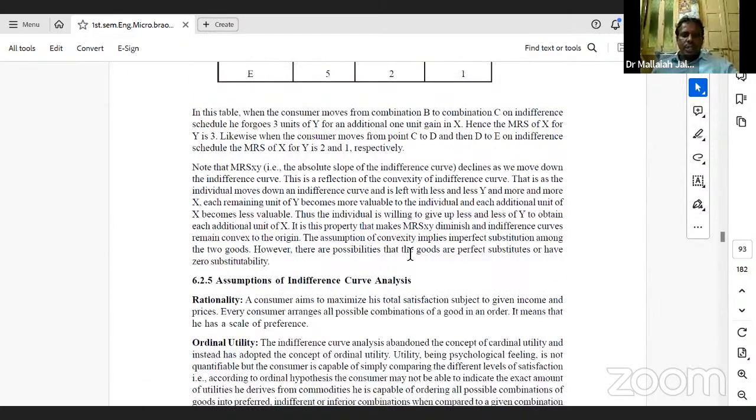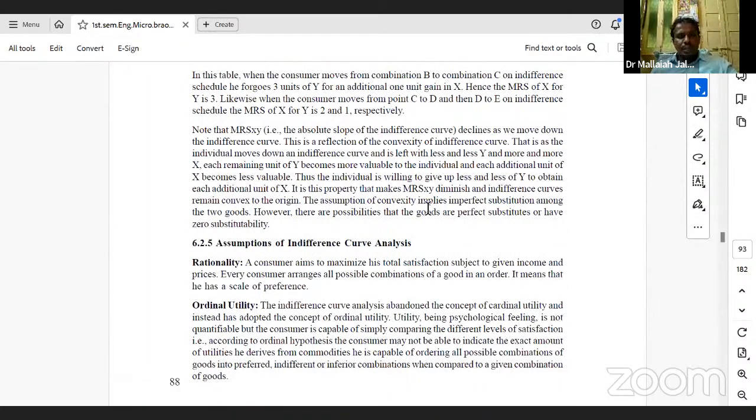Okay. Then there are certain assumptions, particularly rationality, rational behavior. Whose rational behavior? The consumer. I am a consumer.